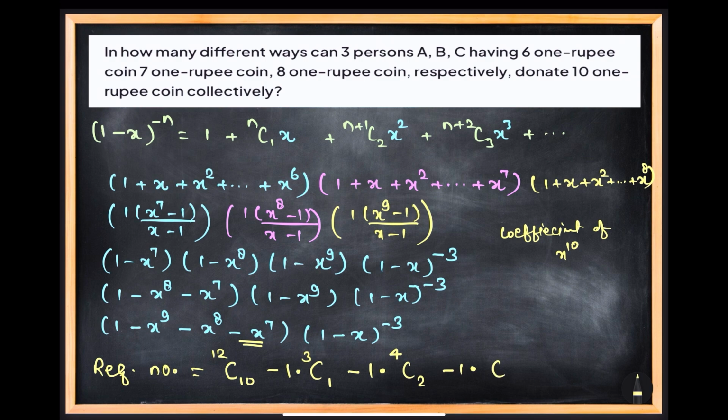So the lower subscript of C would be 3 and the upper subscript would be 5. So this is the required number of ways by which these three persons can contribute 10 rupees. I hope the idea is clear.